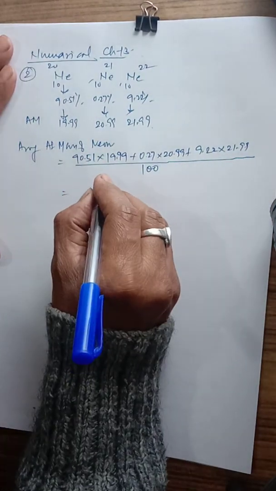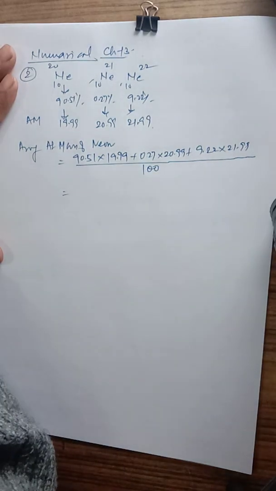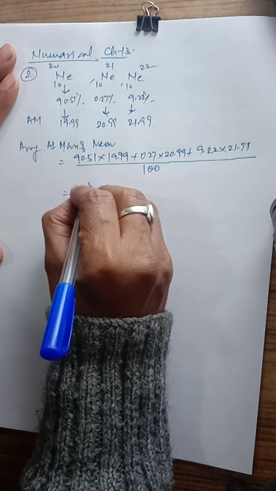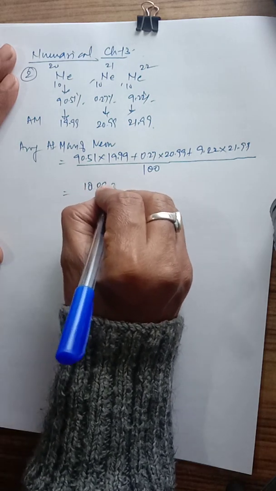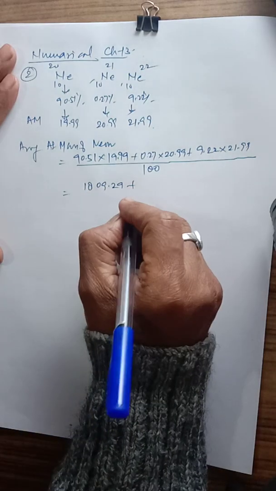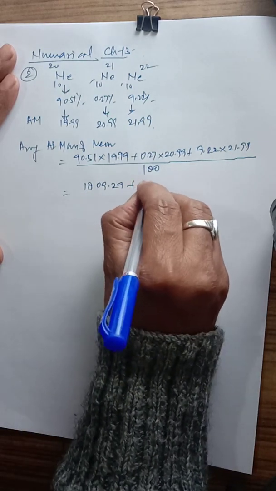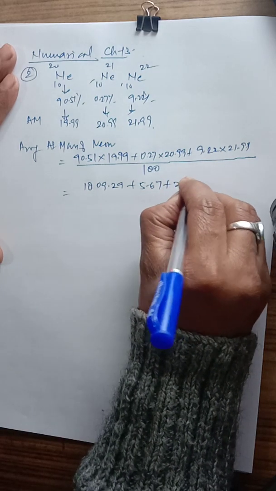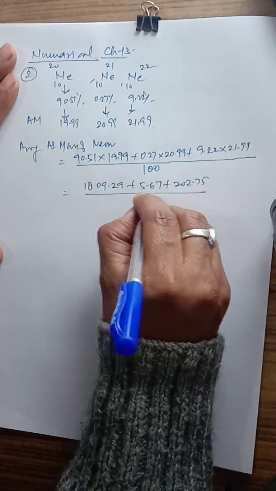So I am using the calculator for that. It is 1809.29 plus 5.67. Now 9.22 multiplied by 21.99 is 202.75, divided by 100.